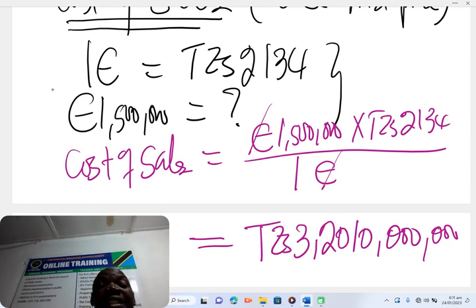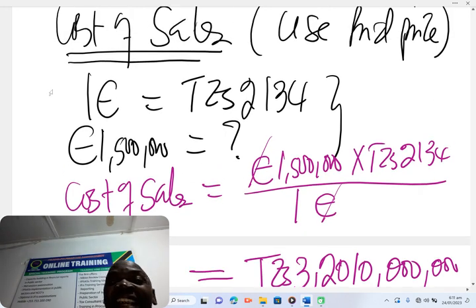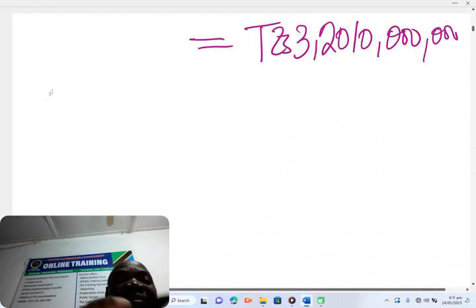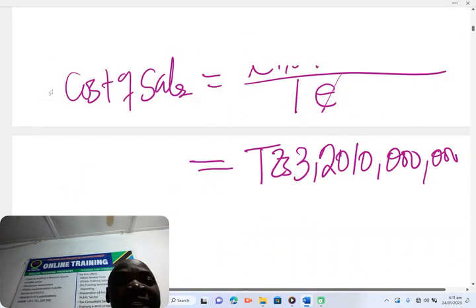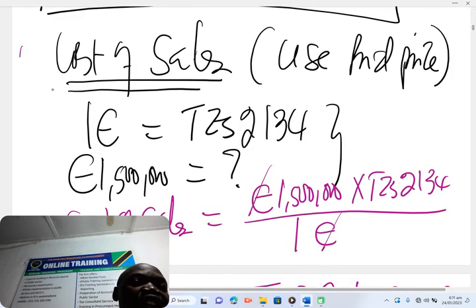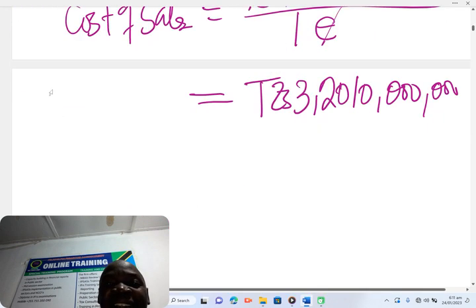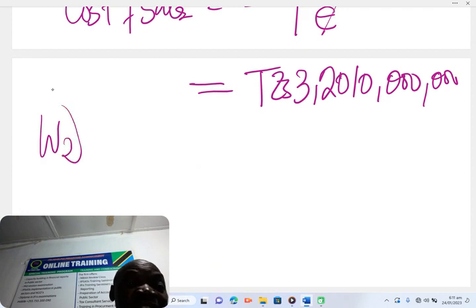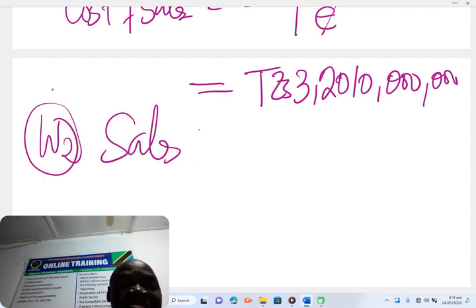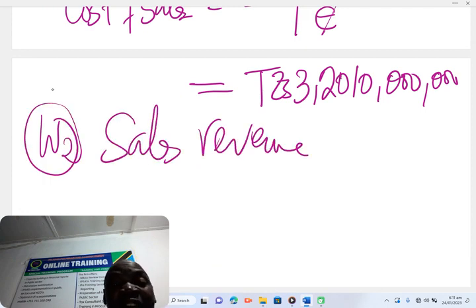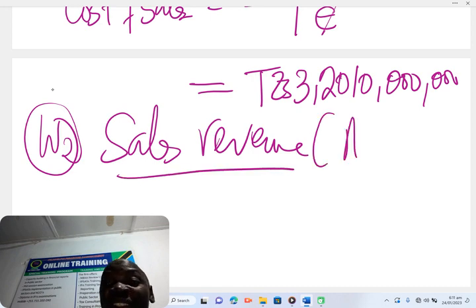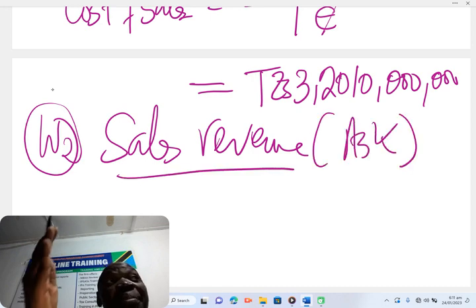Okay, so that is the cost of sales. What is the sales revenue? So the first working is here, cost of sales. The second working is here, sales revenue. So use what? Ask price, because the bank is now selling this euro.